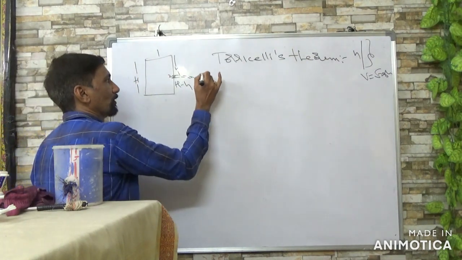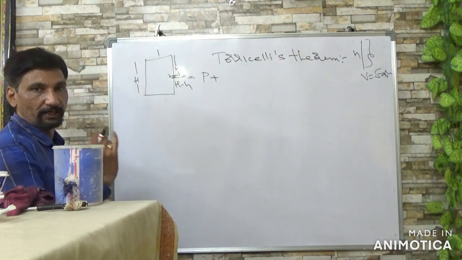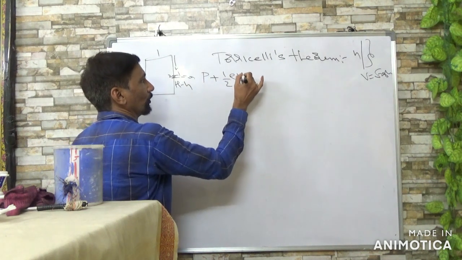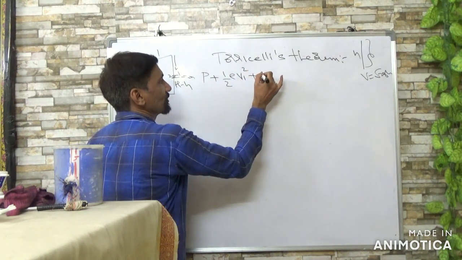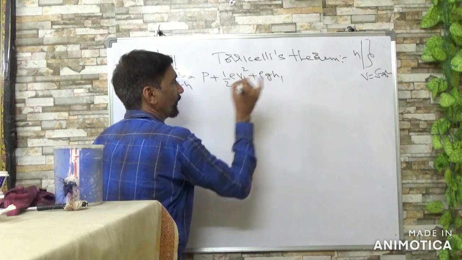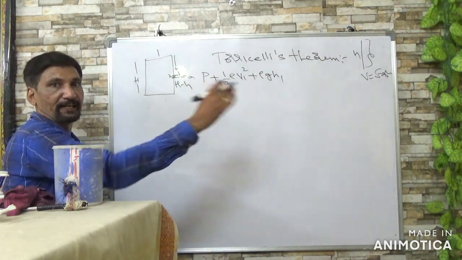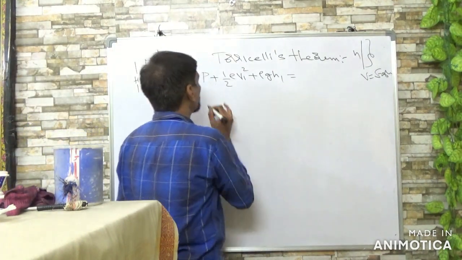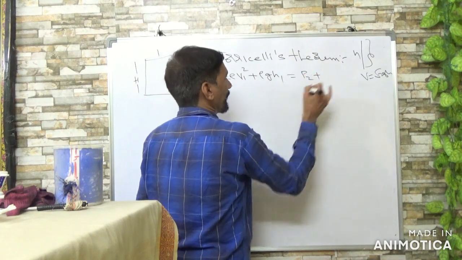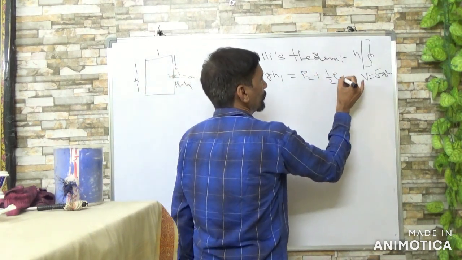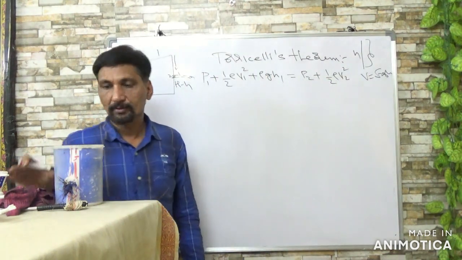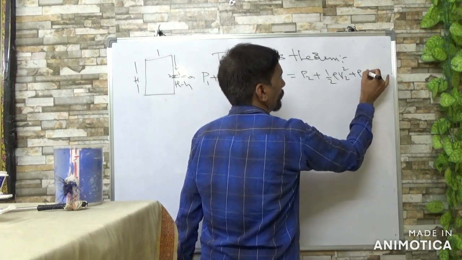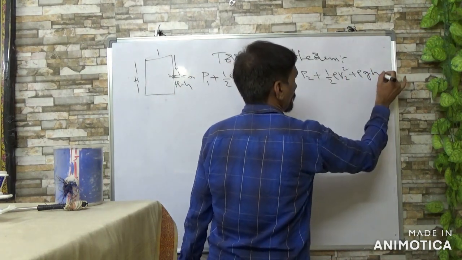You know the sum of pressure energy, right? So pressure plus half rho V1 square plus rho G H1, the potential head, pressure head, kinetic head, is always constant. Now at this point it is equal to the other end: P2 plus half rho V2 square plus rho G H2.